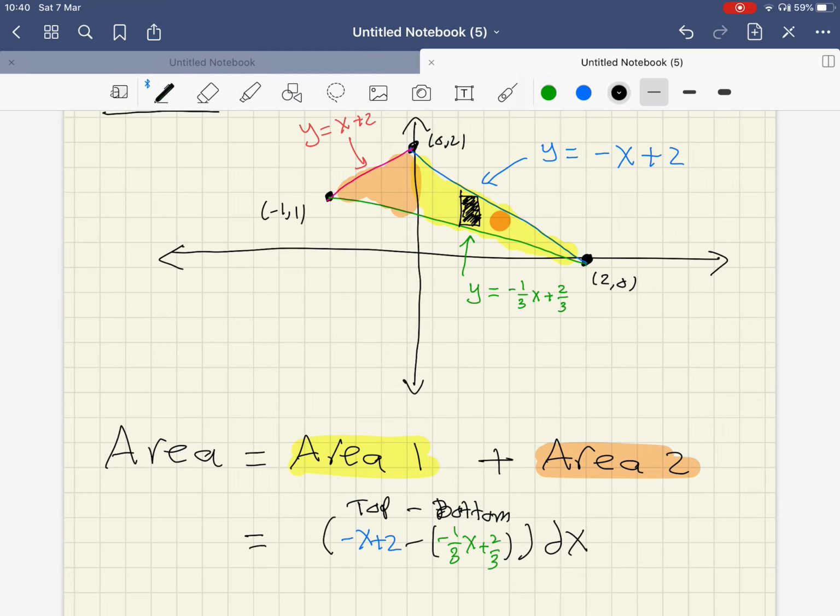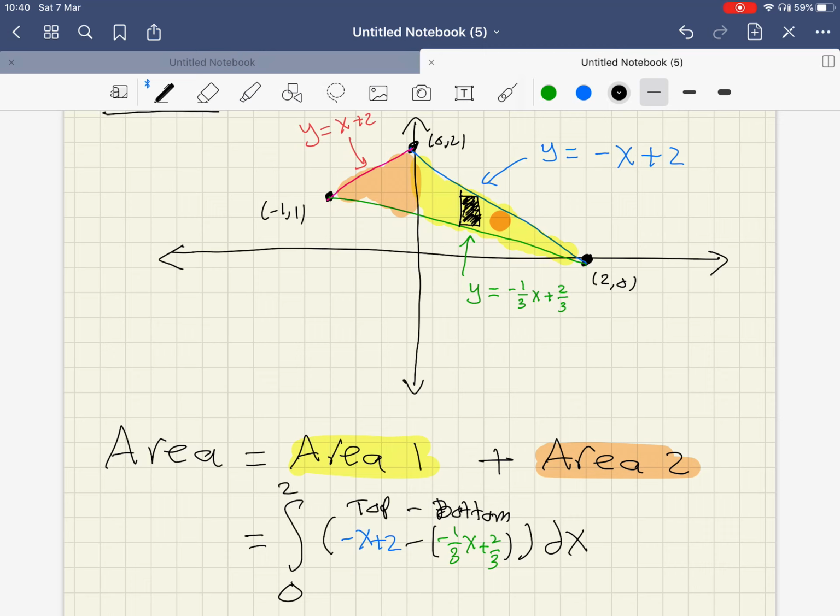Then I need to do the integration from somewhere to somewhere. How do I find from where to where? Look at your rectangle. If you move it maximum to the right, you will end up at number 2. So the upper limit is 2 here. And if you move the rectangle to the left, you maximum end up at 0. So it should be a 0 here. So it is from 0 to 2.